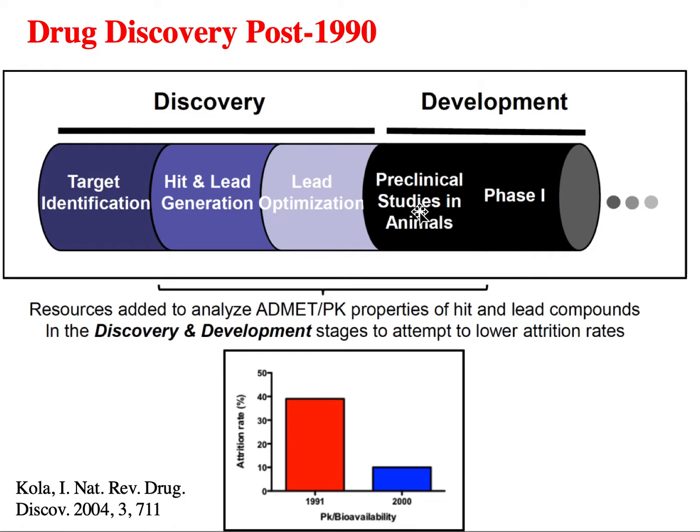So they were trying to make their process more efficient, to make sure that the drugs getting into clinical trials aren't going to have some other fatal flaw in the body that wasn't predicted through the in vitro studies you use to choose your hits and leads.